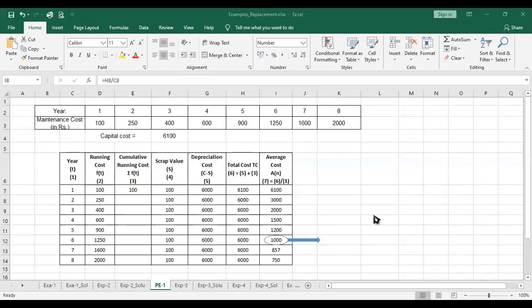Hello. Okay, now let me calculate it. Bhavya, you are right. Your answer is correct. Now let me solve it for the others. In the first year, the running cost is 100, so the cumulative is the same since it is the first year. The scrap value is given in the data, 100 rupees, and it is constant over all the years.